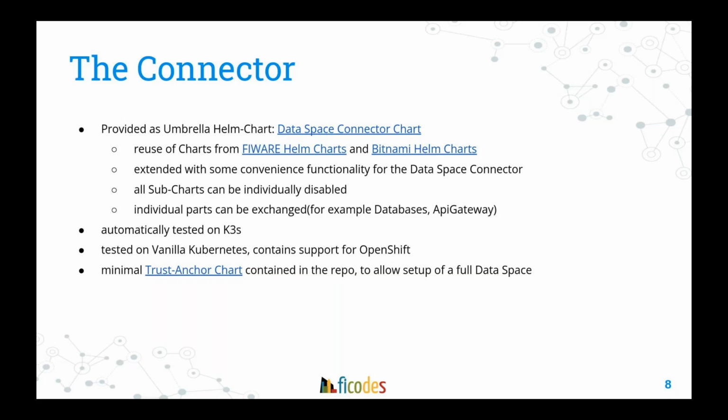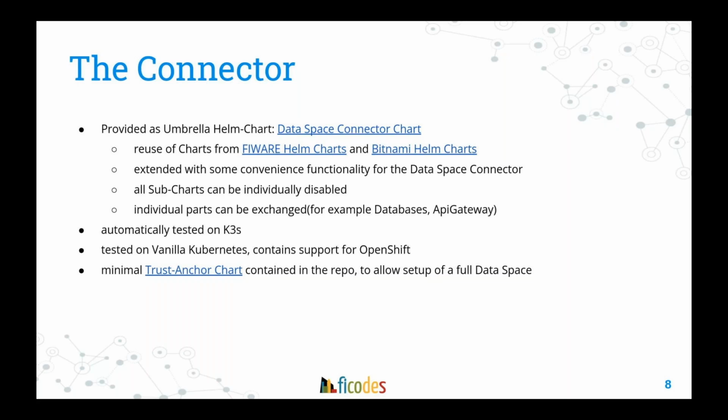The umbrella Helm chart is extended with some convenience functionality that just makes it easier to configure the data space connector. It allows us to disable all individual subcharts to actually have the modularity that we wanted. And you could also exchange individual parts of the data space connector, like databases or API gateways. We do automatically test the data space connector on each change in a K3s cluster.